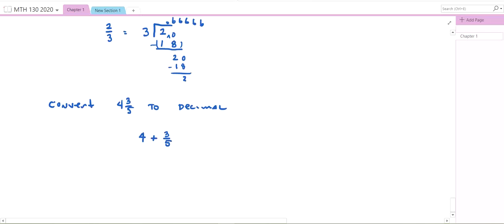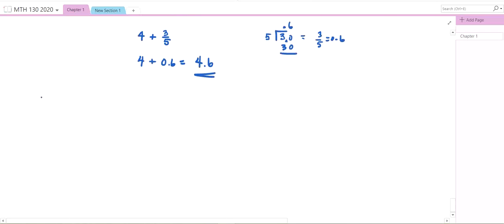So this is going to be 4 plus some decimal for 3/5. We can just perform that math: 3 divided by 5 is 0.6. So 3/5 equals 0.6. This is essentially the same as 4 plus 0.6, which equals 4.6.